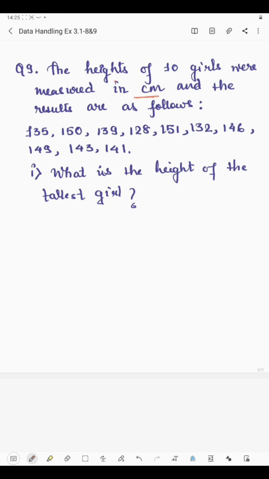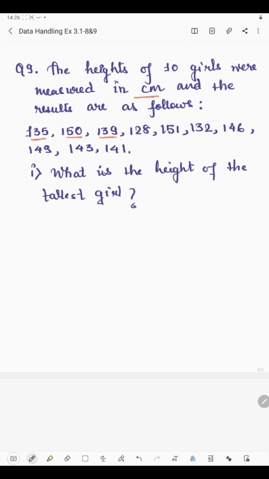So here, this is the height of the first girl, then this is the height of the second one, then again this is the height of the third one. Like this, the heights of 10 girls are given. So to find the tallest girl, we need to check which number is the largest.